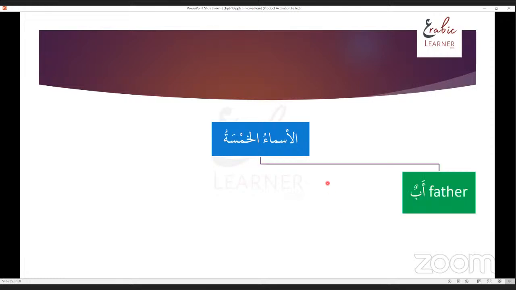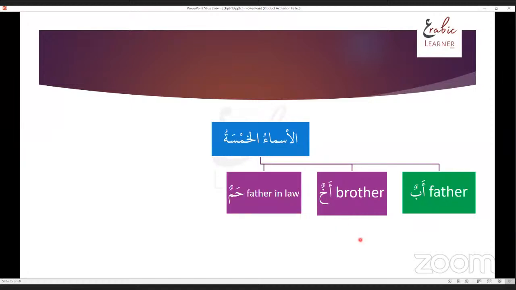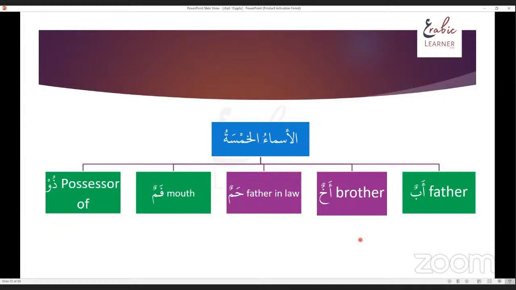And what are they? One is abun, which means father. One is akhun, which means brother. One is hamun, which is father-in-law. One is famun, which means mouth. And one is zu.